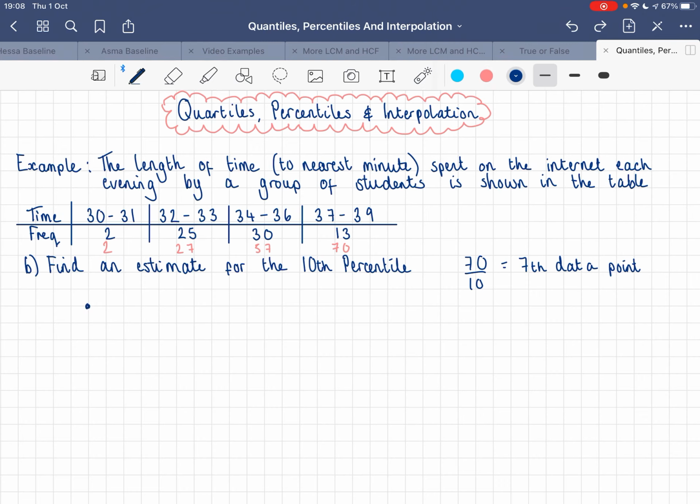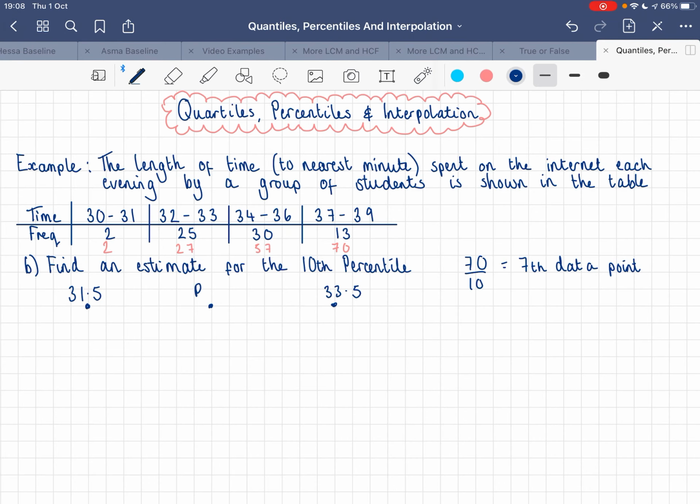So we've got 3 points. We've got the ends of our interval, and we've got where the actual percentile is. So the end of our interval, again, remembering your class boundaries, would be 31.5 and 33.5.